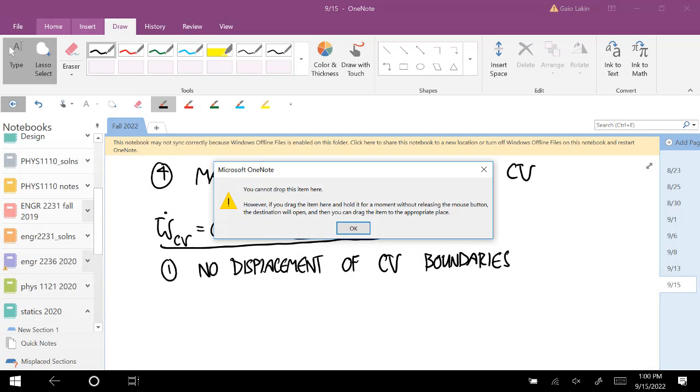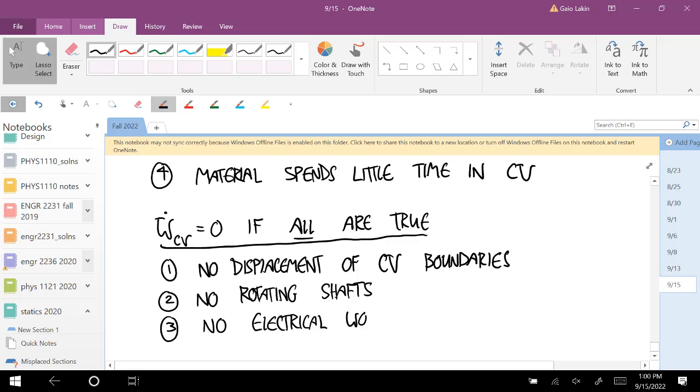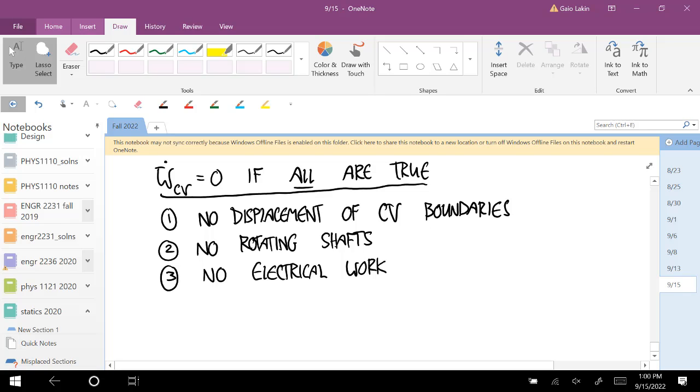Second, no rotating shafts. And third, no electrical work. And then the last ones are kinetic energy and potential energy.